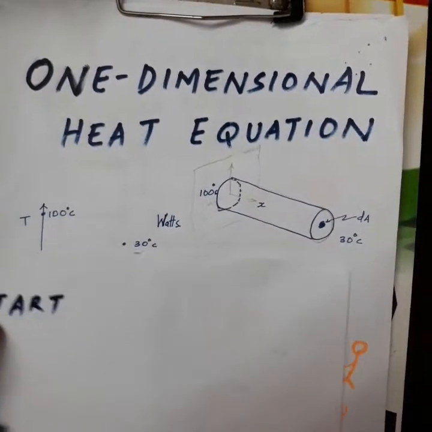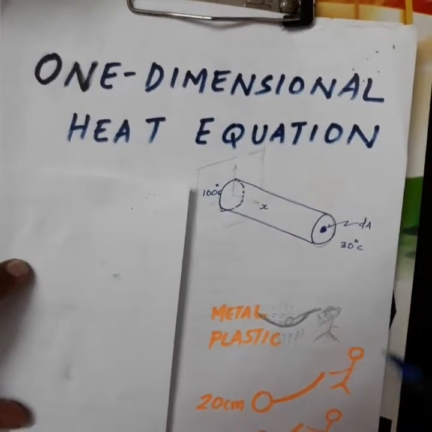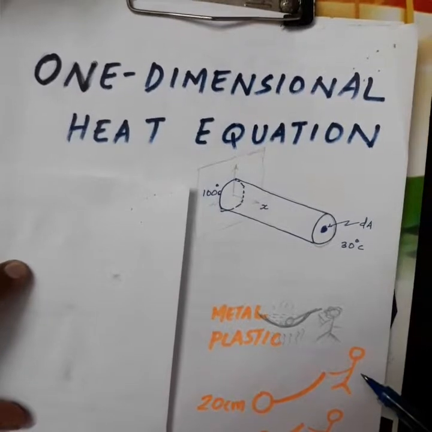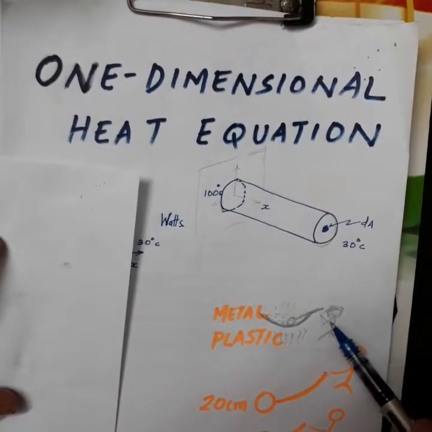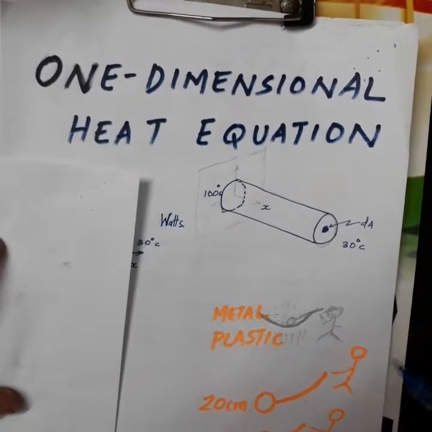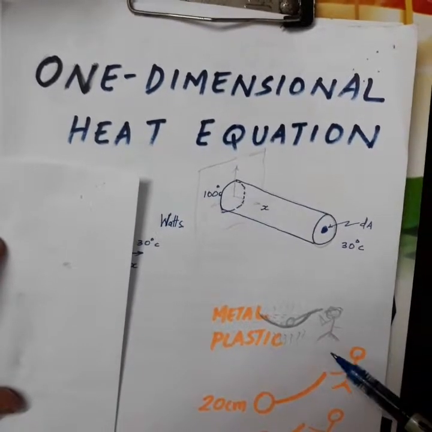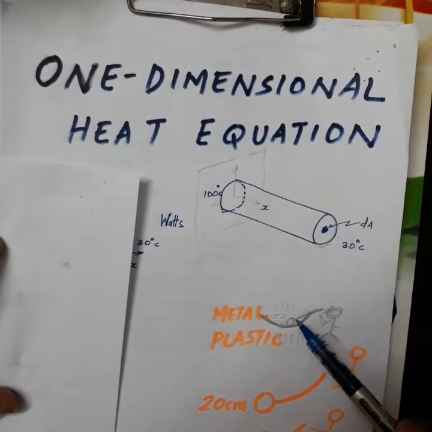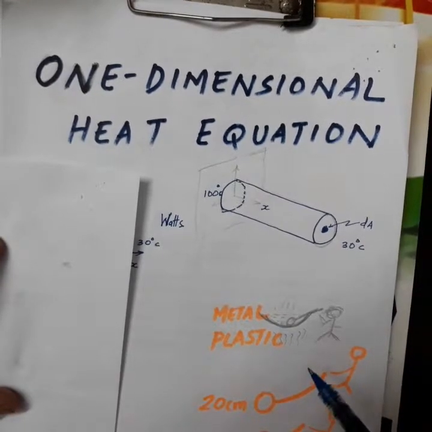Now let's do a simple thought experiment as I have shown here. Let's say this fellow is cooking. In the first case, he's using a metal utensil for cooking. Then he will definitely feel the heat, right?